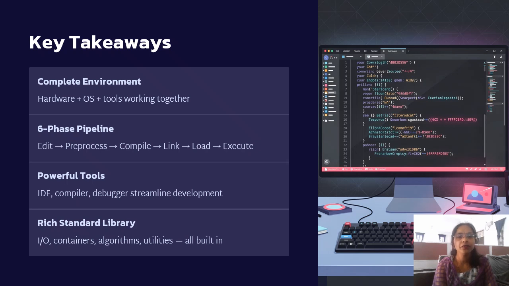Next, we discussed the different powerful tools for C++. It includes the IDE, the Integrated Development Environment, compiler, debugger, streamlined development, and a rich standard library: input-output, containers, algorithms, utilities, all built in.